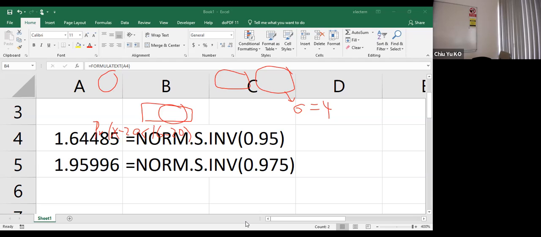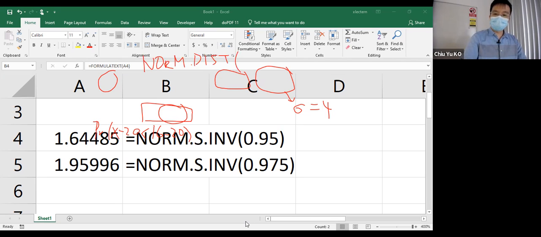It's less than minus 1, and you can use what we have just learned to calculate this number. Of course, we are smart, so we don't have to do this; we can do it once and for all because we have a formula called NORM.DIST.